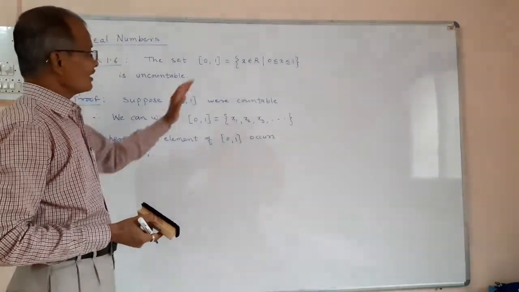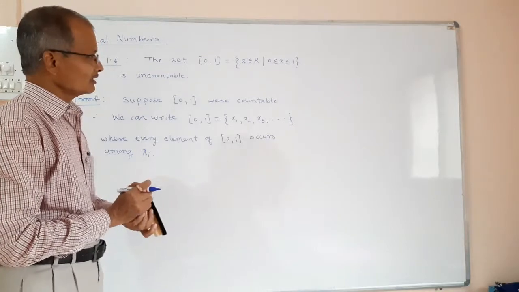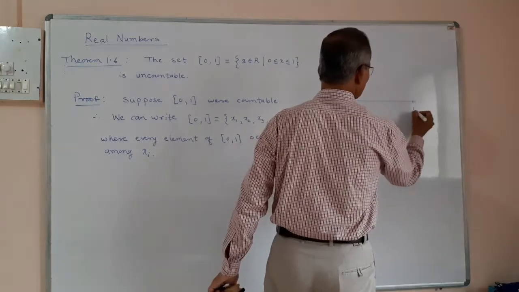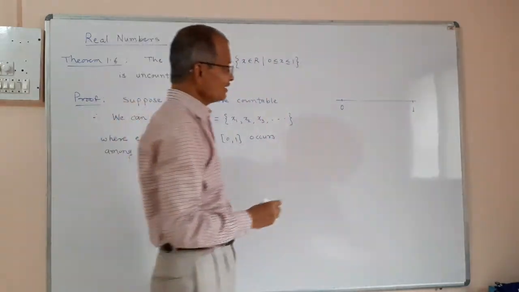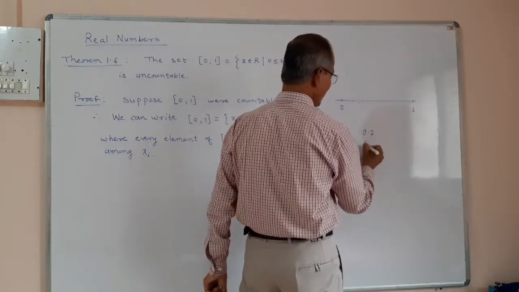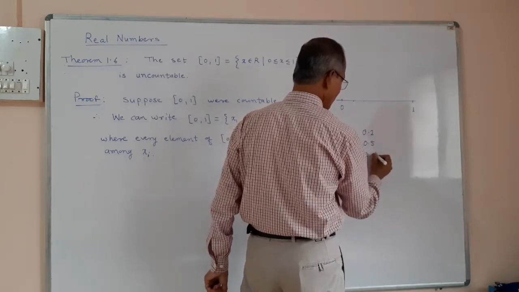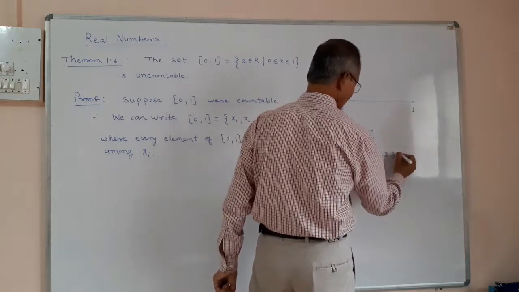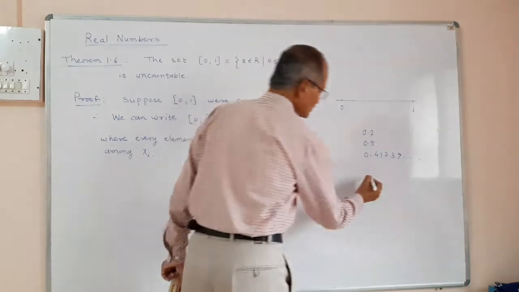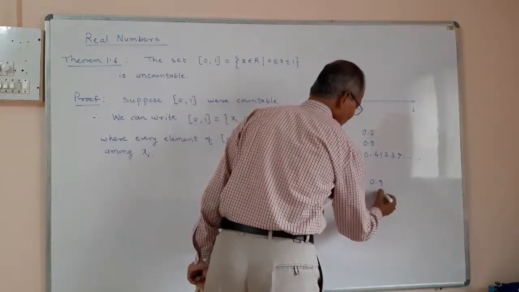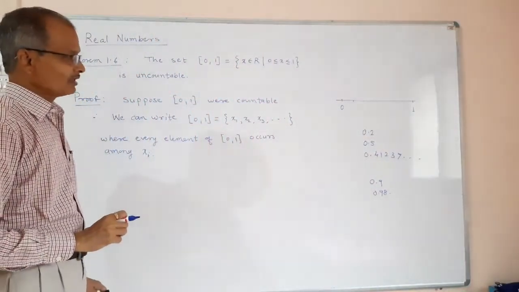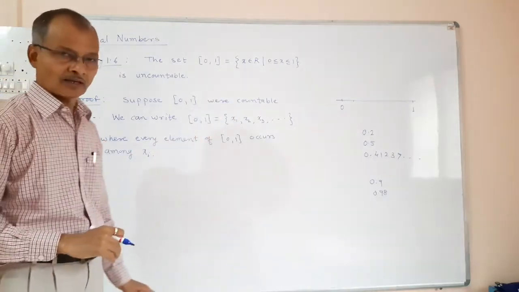And we know that a real number between 0 and 1 has a decimal expression having integral part 0, say 0.2, 0.5 or 0.41237 etc., and at the most 0.9 or 0.98 etc. So any real number in the interval 0 to 1 will have integer part 0 and the remaining is the decimal expression.